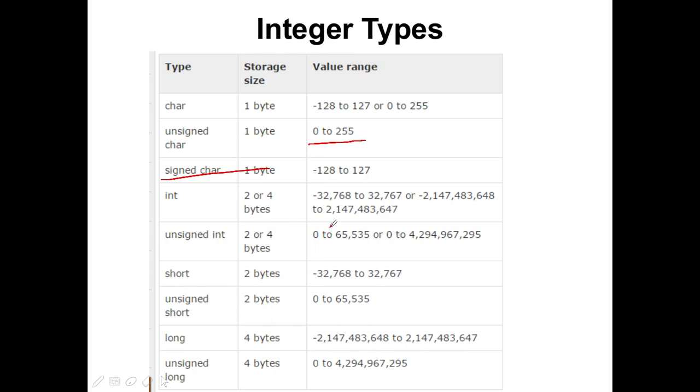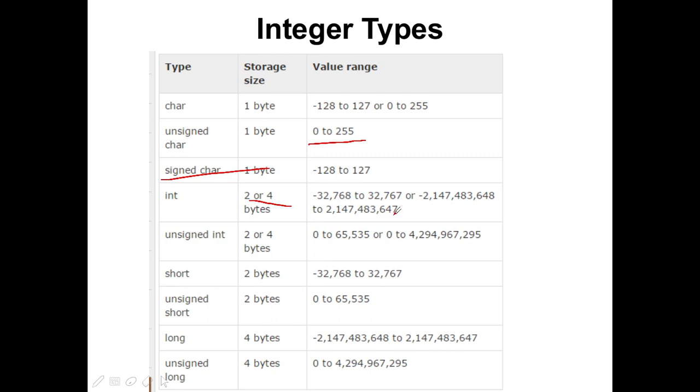Integer, when I say int, is 2 or 4 bytes. Nowadays all the compilers give 4 bytes because the system itself is going to be a 64 bit machine. We have higher end machines, so accordingly the memory is allocated. Nowadays 4 bytes are allocated for integer, and the range of values is from this value to this value.